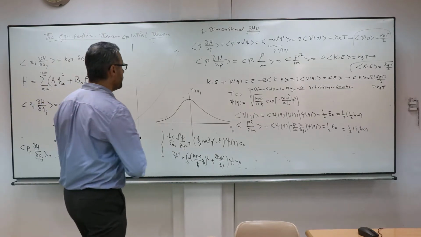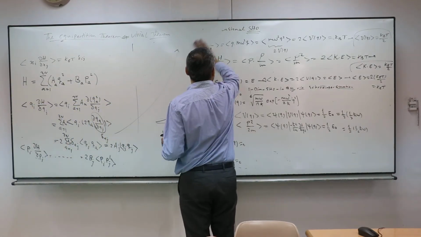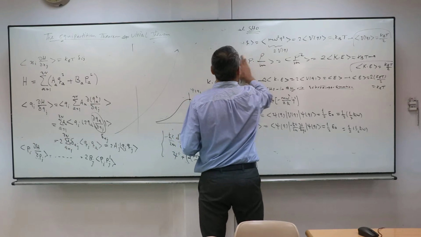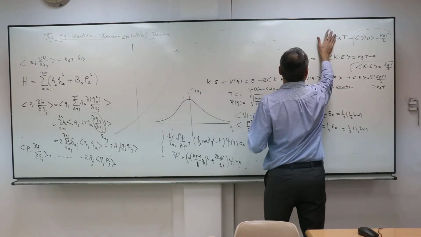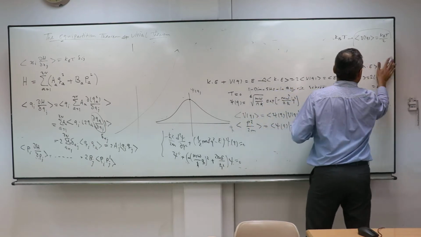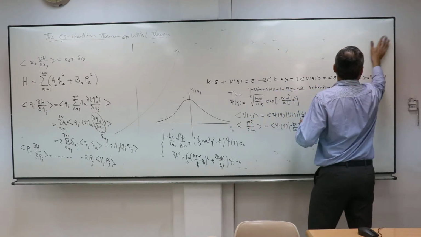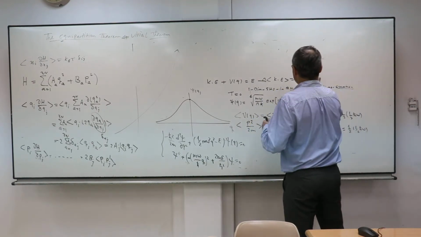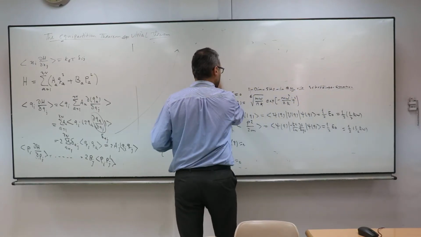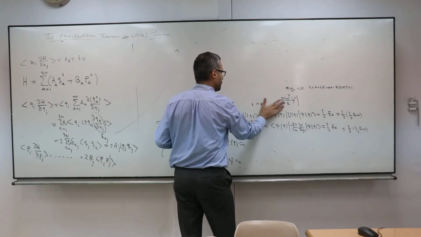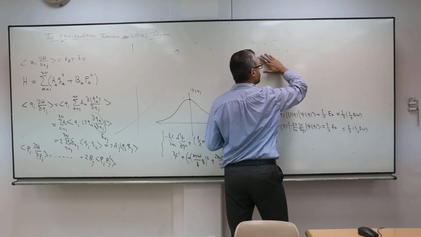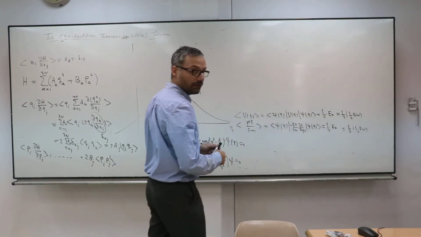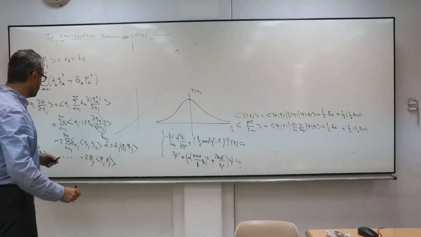Especially when i is equal to j, this term will be quadratic, and the quadratic terms look like the harmonic oscillator. In the harmonic oscillator, you remember we showed that the expectation values of the kinetic and potential energy are half. That will be the same.